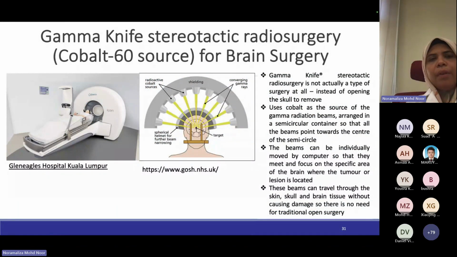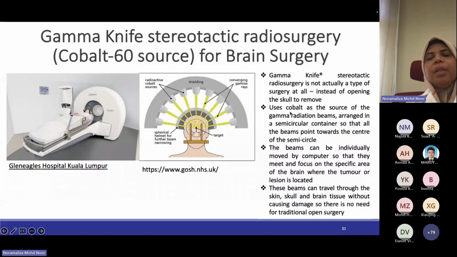And then we also have the gamma knife stereotactic radiosurgery with a cobalt-60 source, used in brain surgery, which we have at the Clinical Hospital Kuala Lumpur. It is used because we don't want a normal open operation, where we would have to open the skull to remove the cancer or brain tumor.